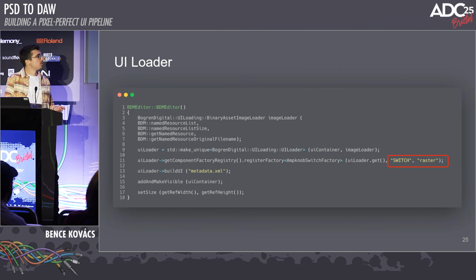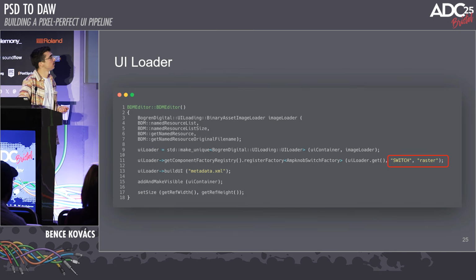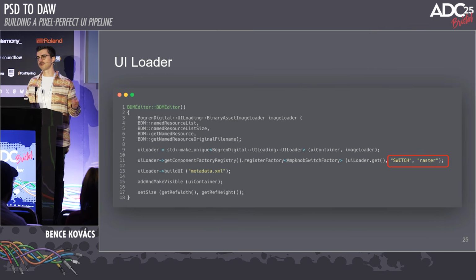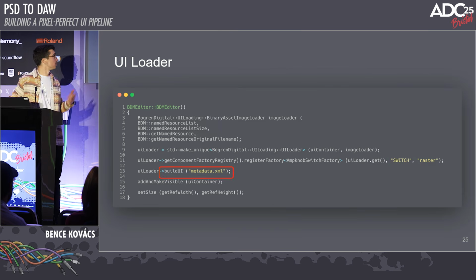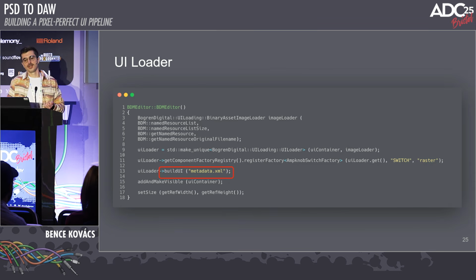In order to support custom components, we adopted this sort of factory pattern, where you can specify that for this specific UI layout, if you encounter these types of tags, then I would want this kind of component to be created. And yeah, once you do that, you can just call build UI, specify the name of your layout file, which gets also loaded from the binary assets.